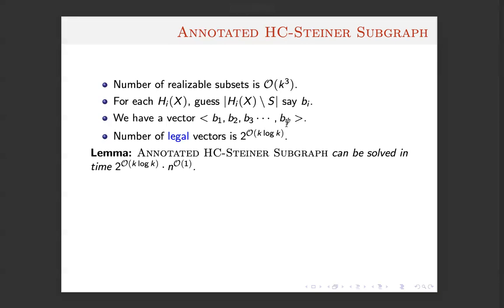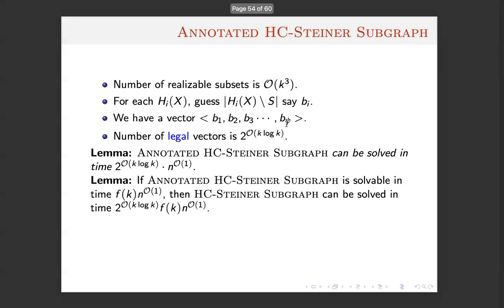So now we have the solution for the annotated highly connected Steiner subgraph problem, and we can solve the problem in 2 to the power big O of k log k multiplied by some order of 1 time, and recall the previous lemma which says that if the annotated version of the problem can be solved in FPT time, then the general version of this problem also can be solved in FPT time.